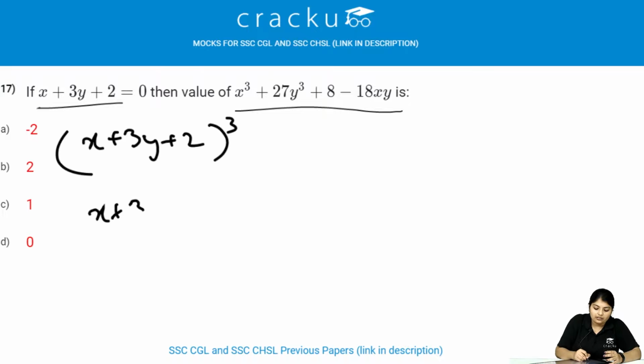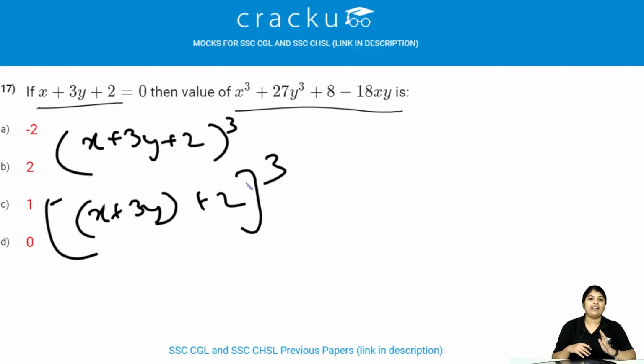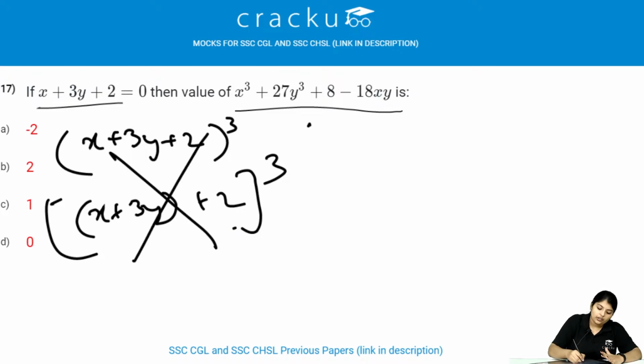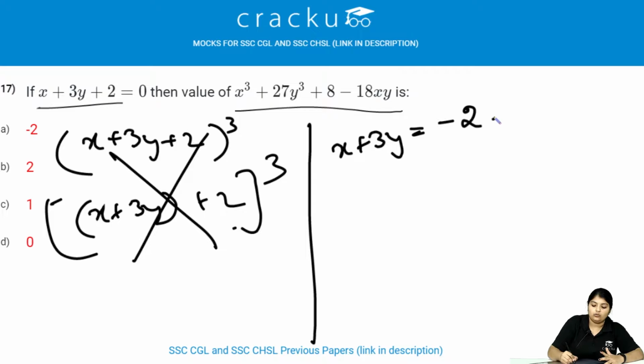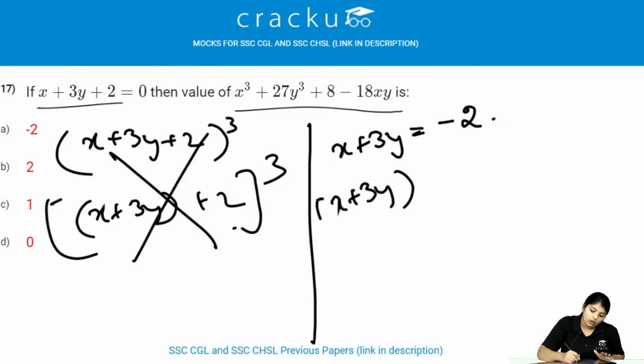It takes lot of time and since it is a cube, we get messed up in between. So do not do like this. Now what you do is x plus 3y is equals to minus 2. So cubing on both sides, since the value we need in cubes, x plus 3y whole cube is equals to minus 2 whole cube.